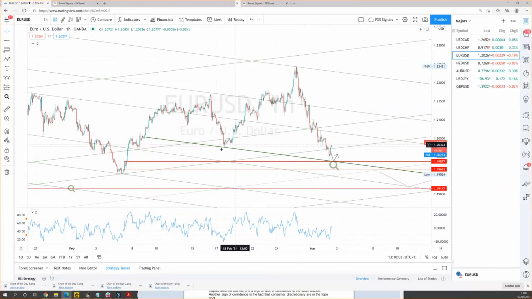or I would say, well, it visited rather this level here on the right, this congestion level, but this one appears more clear here on the chart, and we had a dip.